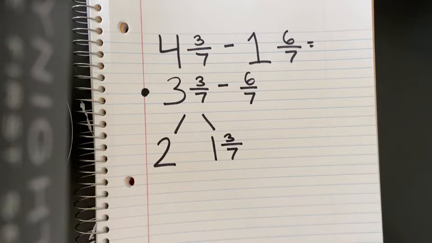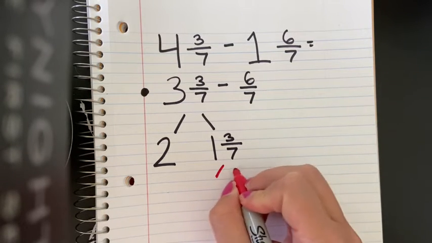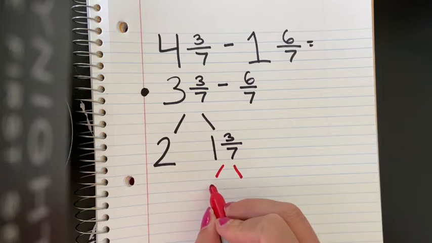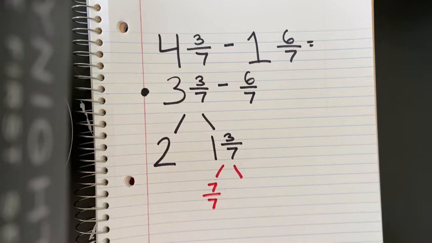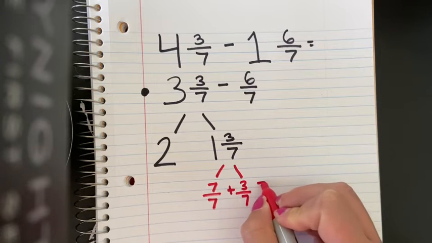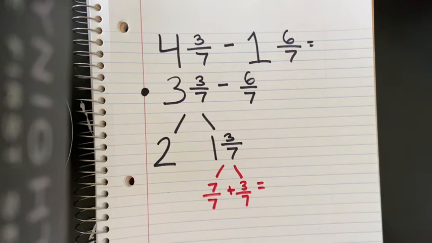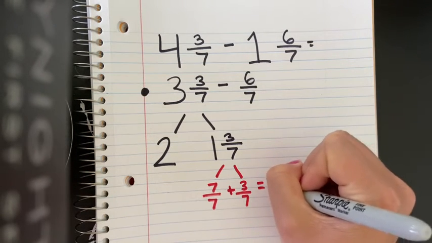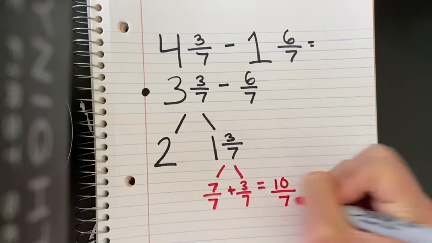We're able to change the 1 and 3/7 into an improper fraction. We know that 1, since our denominator is 7, is going to be 7/7. So let's add that with the 3/7, and that will give us our improper fraction after we converted it from that mixed number. Well, our improper fraction is going to be equal to 10/7.